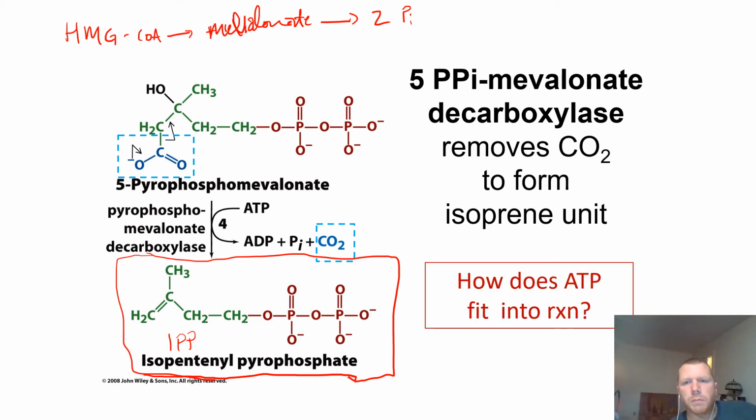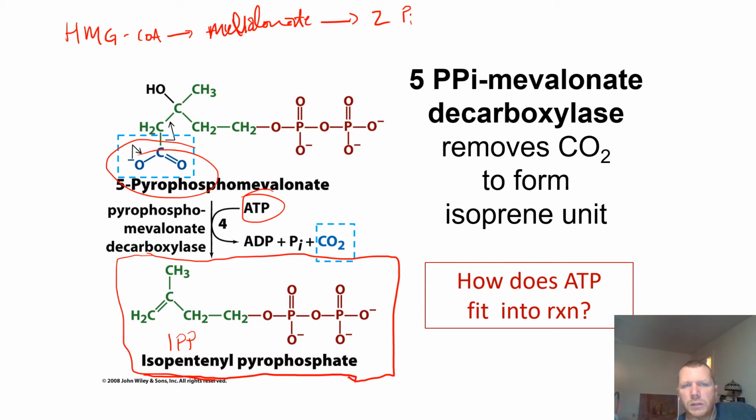Obviously we don't do that, but this question right here, how does ATP fit into this reaction? Well, we have ATP as an input. We are decarboxylating 5-pyrophosphomevalonate. What we are doing is using that high energy phosphodiester bond that exists between two of the phosphate groups, and we're going to break that in order to drive the decarboxylation.